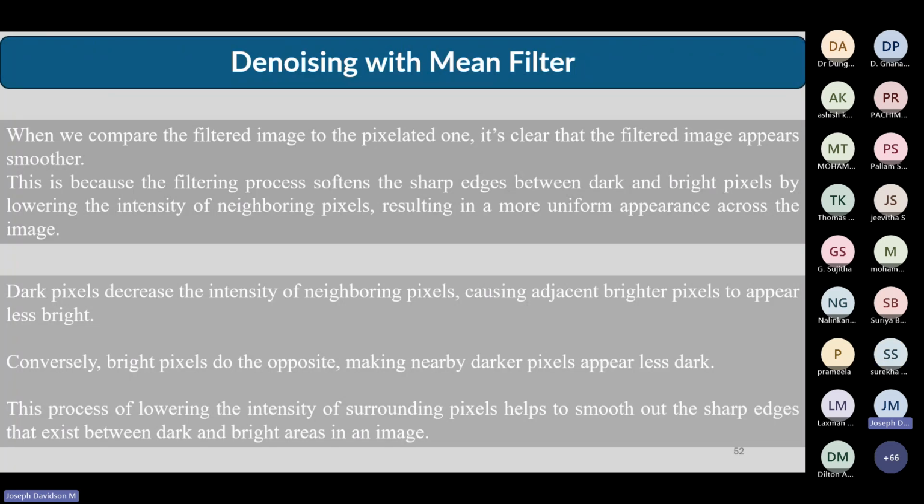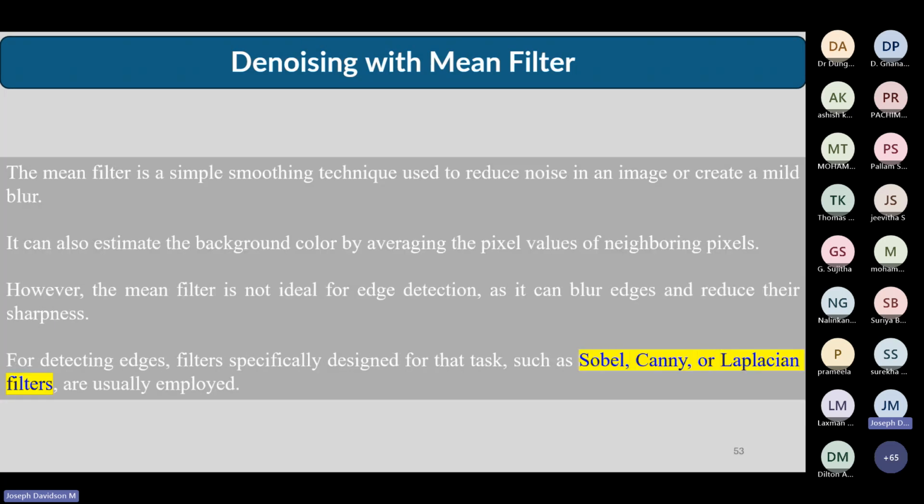The median takes only the median value. The Gaussian takes the center point with the highest intensity and the farthest point with the least intensity. So each and every method works differently.